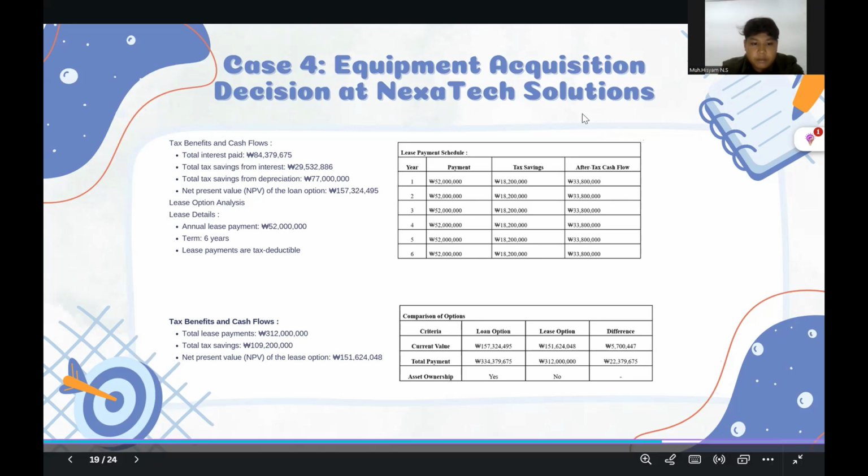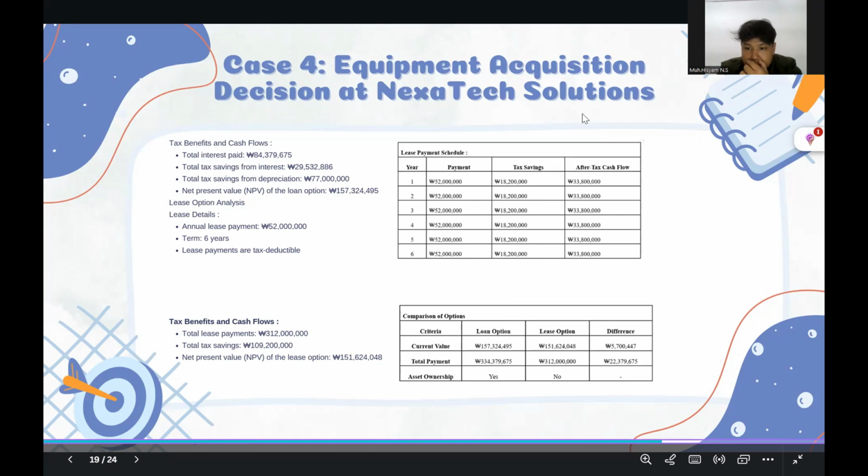Total lease payments 312 million won. Total tax saving 109 million won. Net present value of the lease option 151 million.